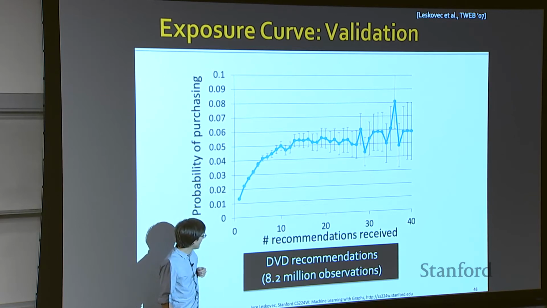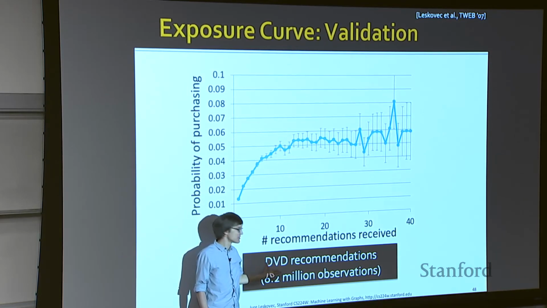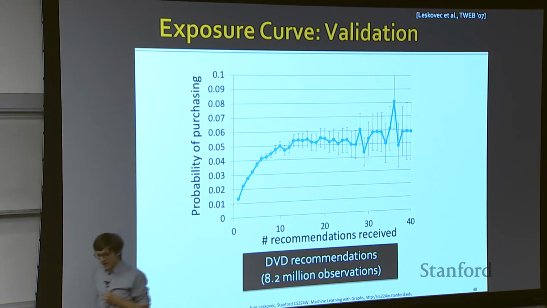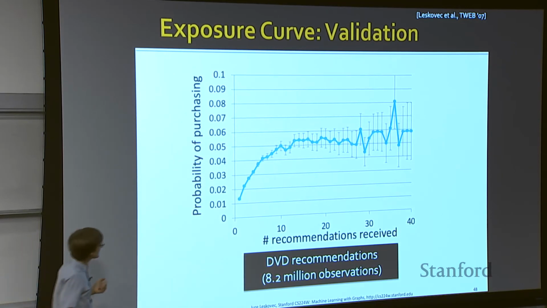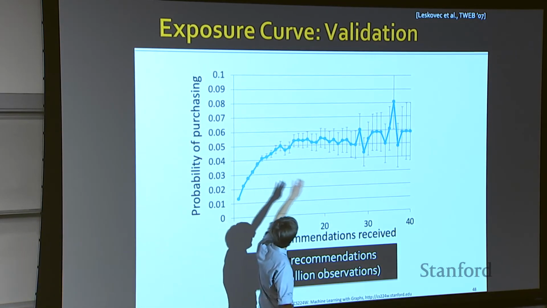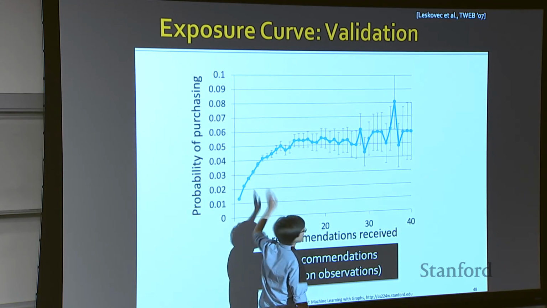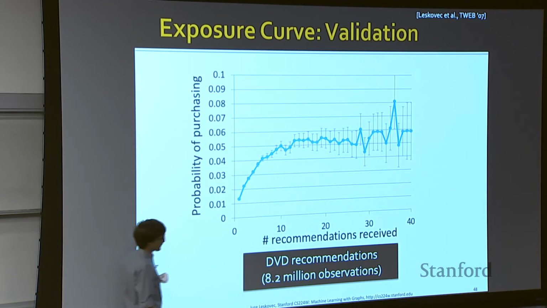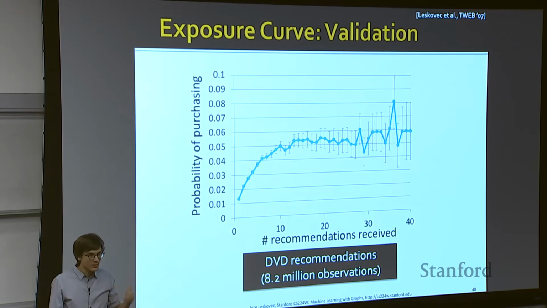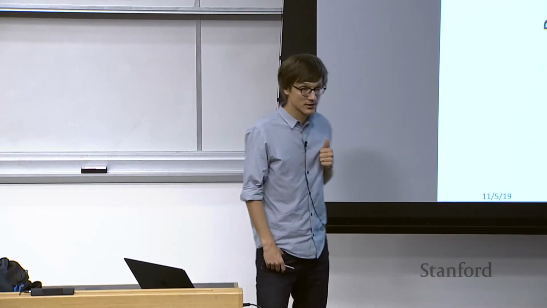This is for buying DVDs, so movies. This is one example where basically this curve is very consistent with a probabilistic contagion type model. Okay, so that's one example.